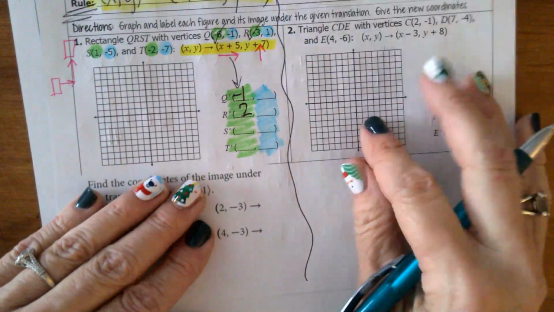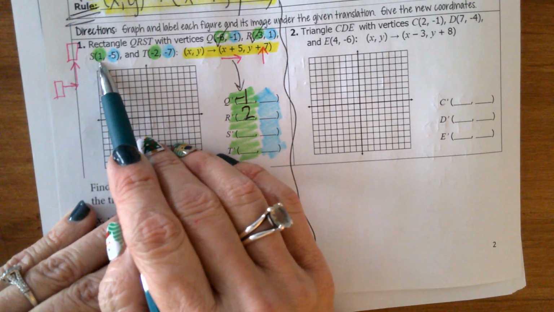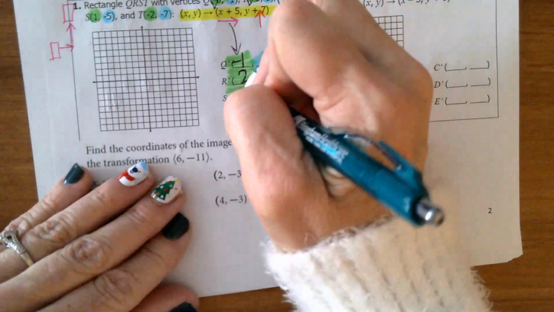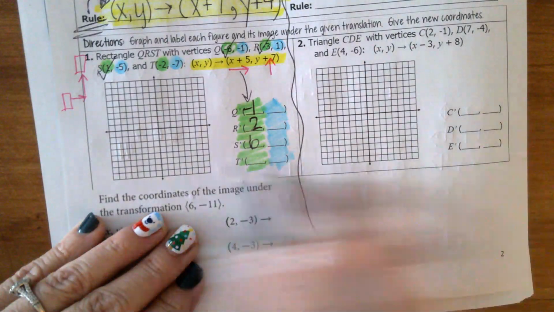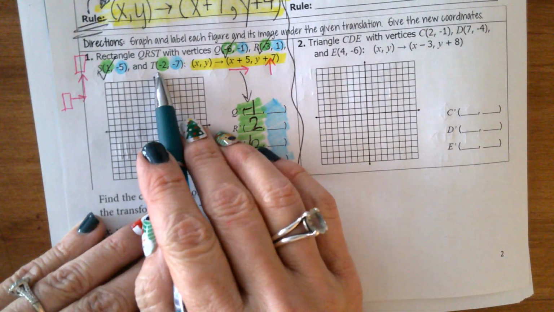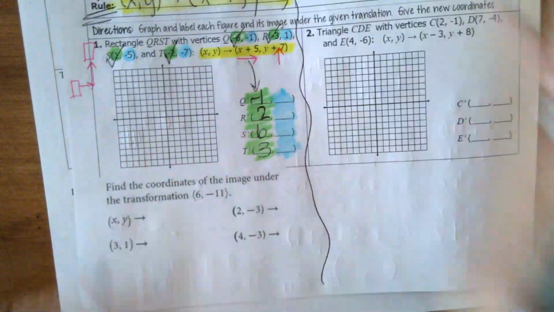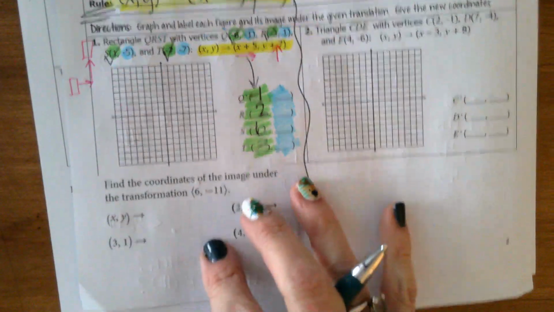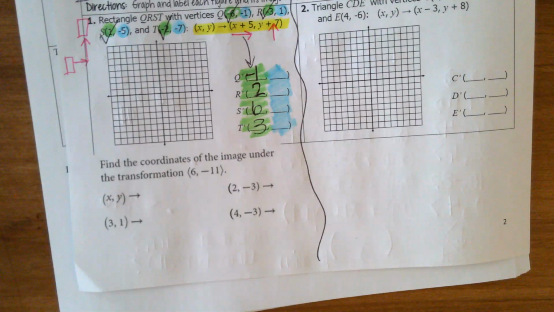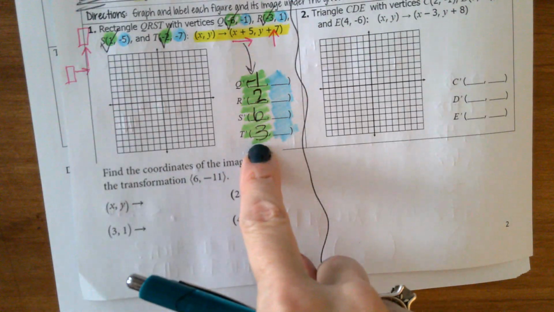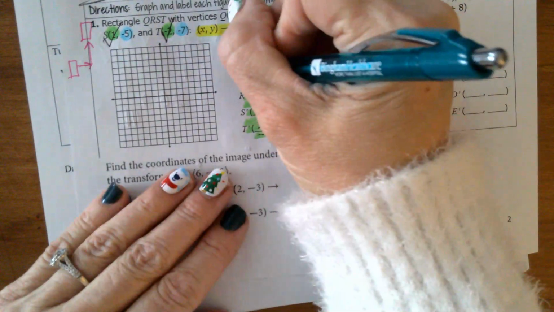I'm just doing the X values. 1 plus 5 is a 6. And -2 plus 5 is 3. So those are just the X values. I took all of the X values and I added 5 to that number. And I came up with new X values. These are the new ones. And I know they're the new ones because they have those little primes there.